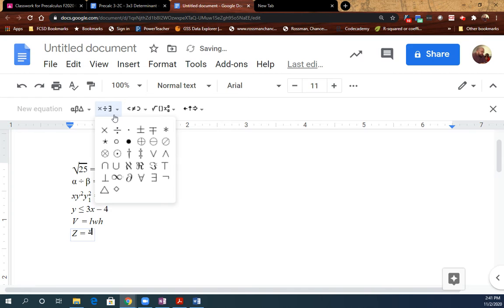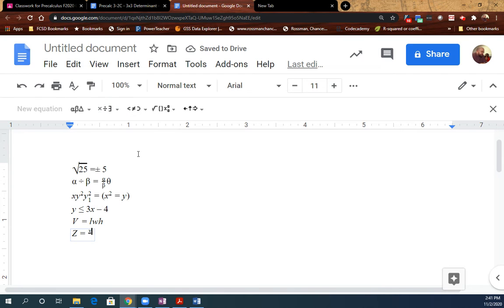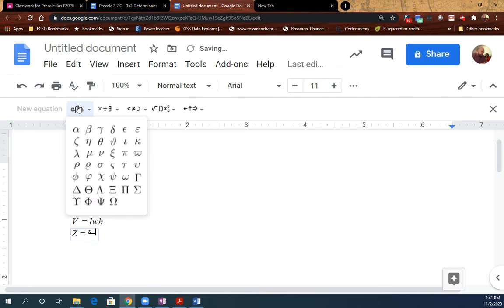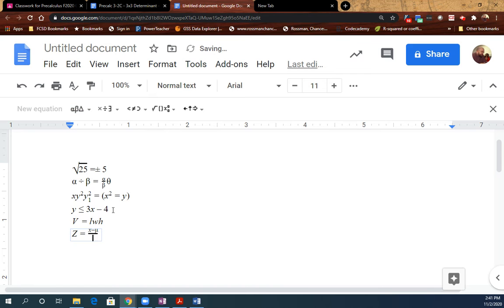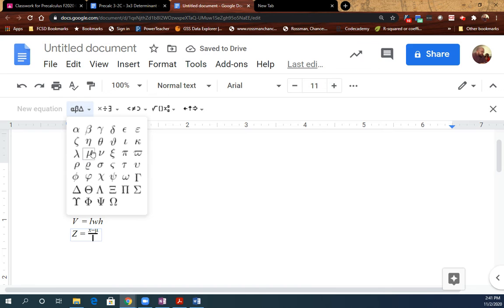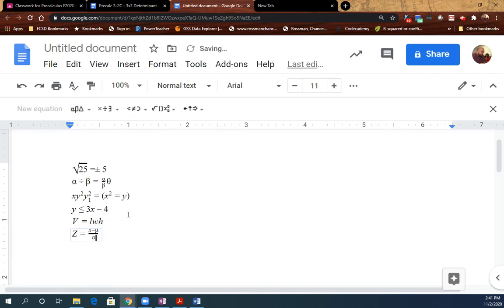X minus mu divided by sigma. Okay, so you can have fractions that have multiple terms in them.